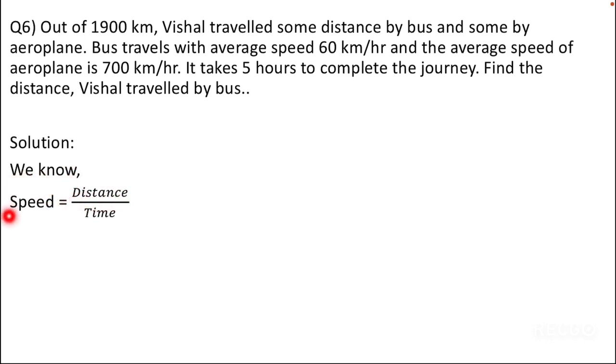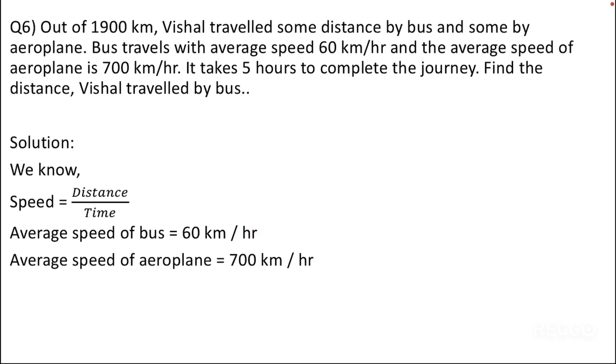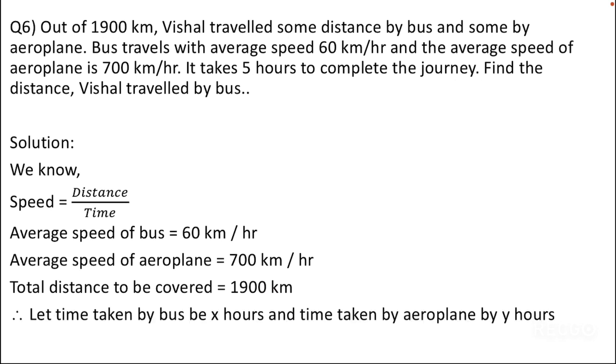Now what we will do is note down what is given to us in the question. We know that the average speed of the bus is 60 kilometers per hour, the average speed of the aeroplane is 700 kilometers per hour, and the total distance to be covered by Vishal is 1900 kilometers. Now we will take the time taken by the bus to be x hours and the time taken by the aeroplane to be y hours.